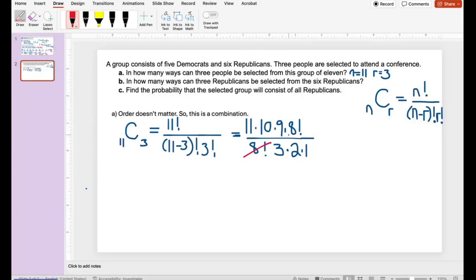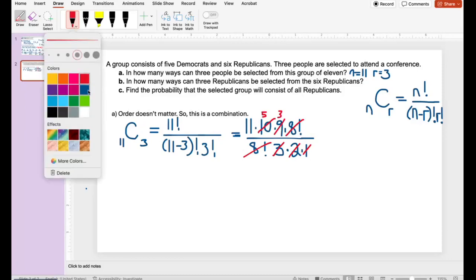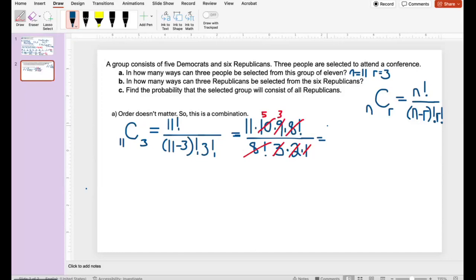So 8 factorial obviously goes away. 1 doesn't matter. 2 can go into 10 how many times? 5. Very good. And then 3 goes into 9 3 times. So then we have 11 times 5 times 3.